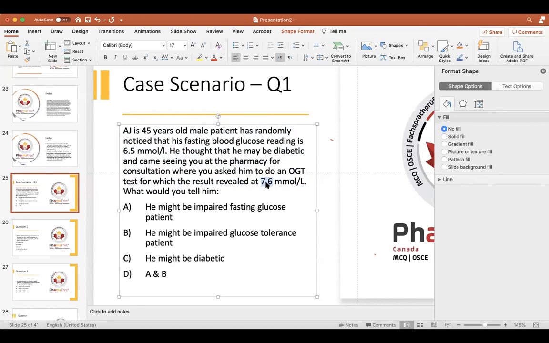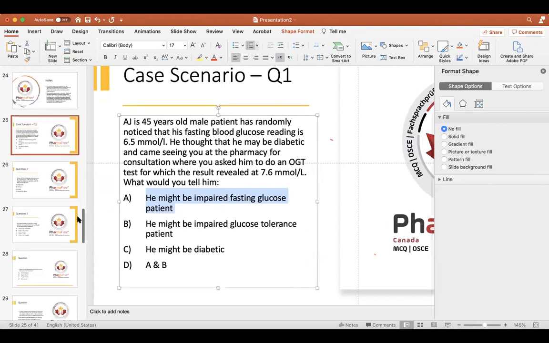The patient's reading is 7.6, so the patient does not meet the criteria of IGT, impaired glucose tolerance. So this patient is impaired fasting glucose and he's not diabetic. Of course, he's not diabetic. Why? Because of the readings. So he's an impaired fasting glucose patient, so he could be pre-diabetic.